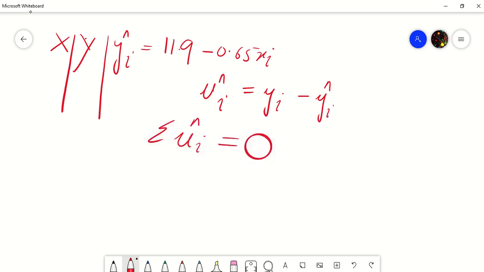I am saying it again: if the summation mu i hat equals 0, then the mean of the residual will also be 0. We actually need to prove that mu i hat bar equals 0, that the mean value of residuals is 0.